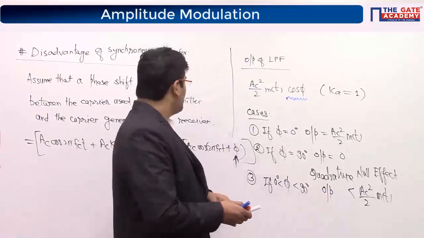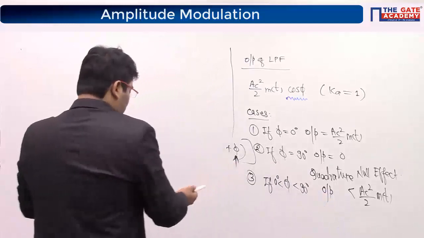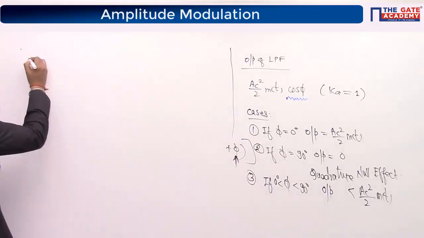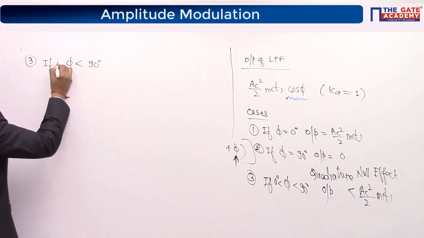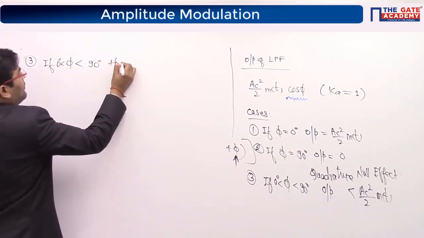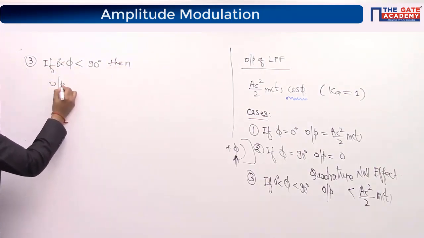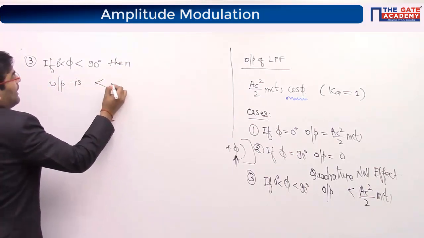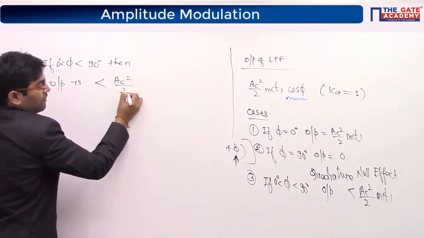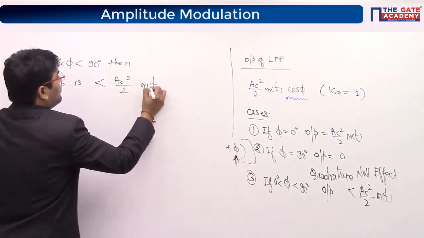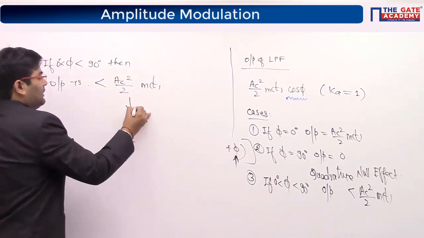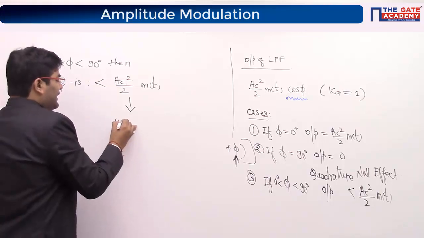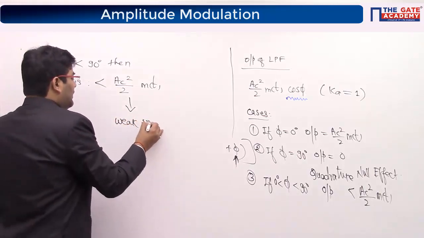So I'm just repeating this case here. If phi is in between 0 degrees and 90 degrees, then the output is less than AC square by 2 m(t), which means you're getting weak signal strength.